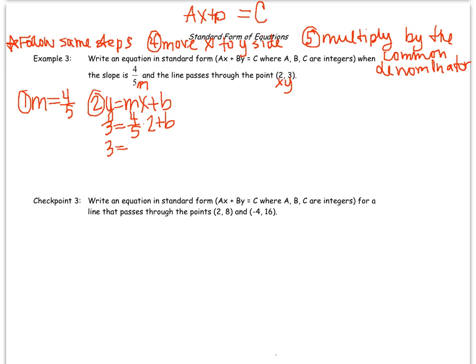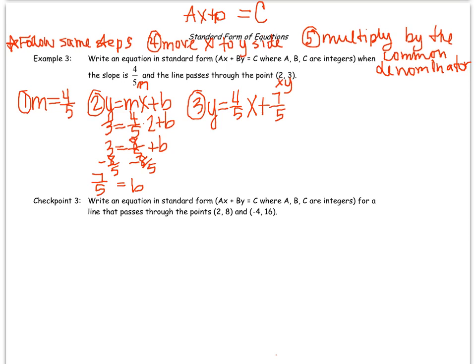So 3 equals 4/5 times 2, which is 8/5, plus b. Subtract 8/5 from both sides, and b equals 7/5. So there's a fraction right there. Step 3, my equation is y equals m, 4/5, x plus b, 7/5.